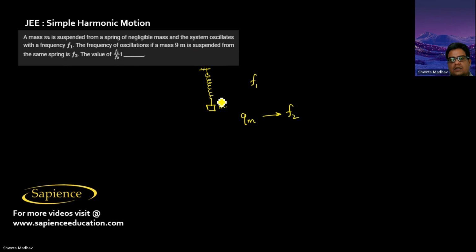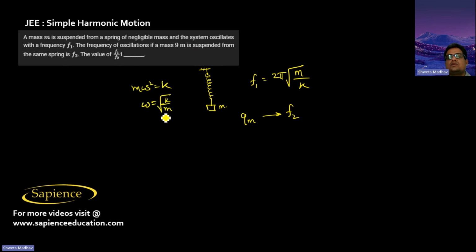So here, as we know, m omega square is equal to k, so omega is actually root over k by m. The time period is 2 pi by omega. Frequency, as you know, is omega by 2 pi. So this is 1 by 2 pi root over k by m.